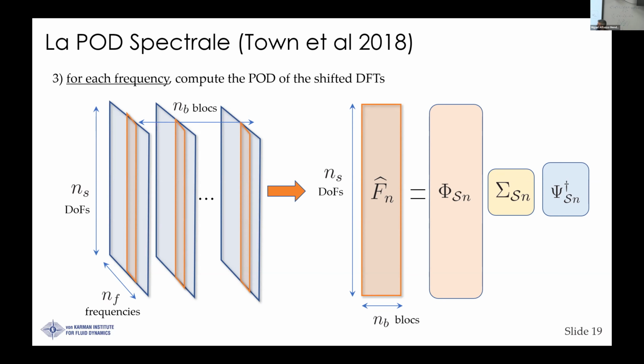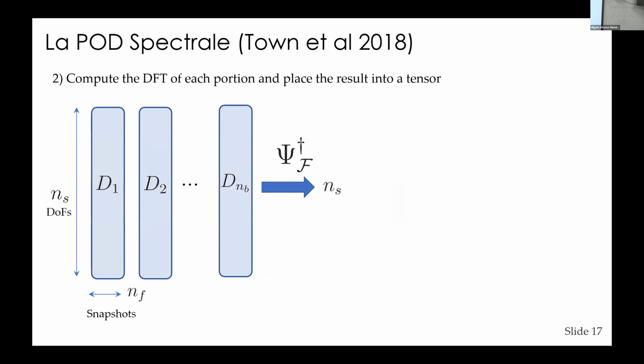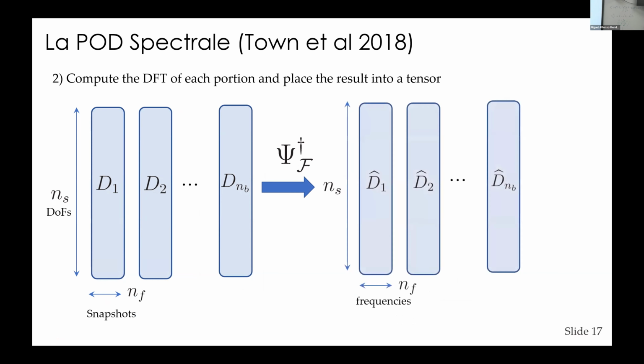Exactly. So I will try to reproduce this visually. Let's do it again. So you have the different blocks. Let's say 10 blocks, my data set in 10 blocks. I compute the DFT. Remember that the number of frequencies that you can have here, if you use a square Fourier matrix, is the same as the number of time steps that you have here. So let's say I have 5 or 10 blocks of different FFTs, each having a fraction of the data, depending on whether you have overlapping or not.